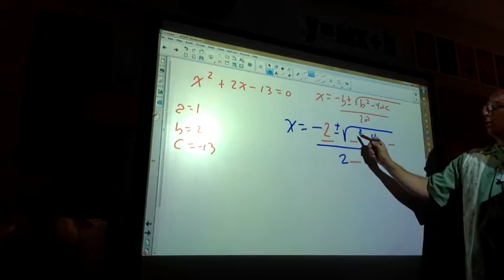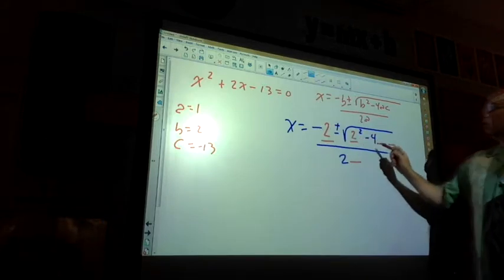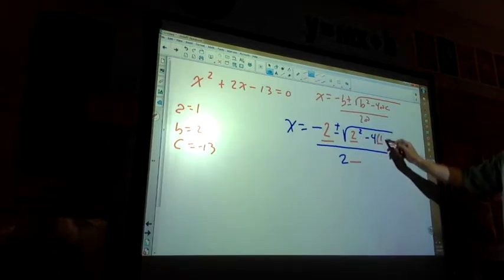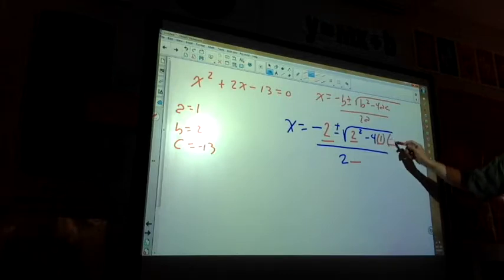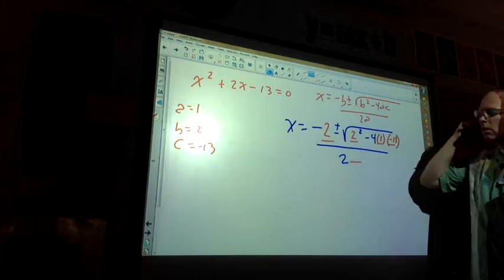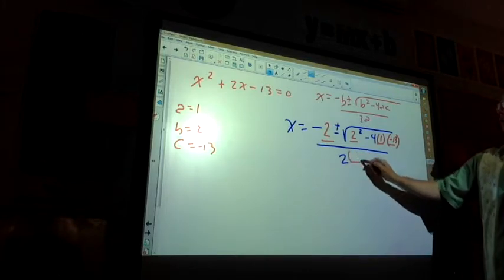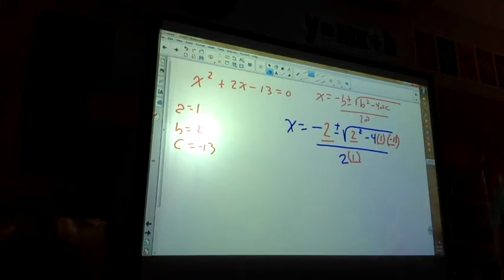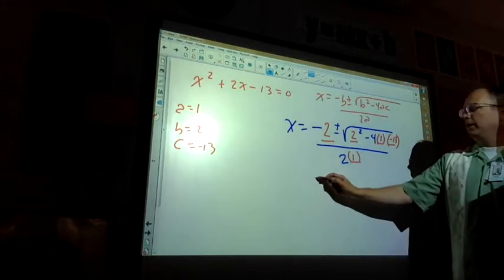Notice the negative. What goes here? 2. What goes here? 1. What goes here? Negative 13. Watch your signs. My bad. What goes here? 1. Okay. Everyone okay with that? Cool. So let's start cleaning it up.